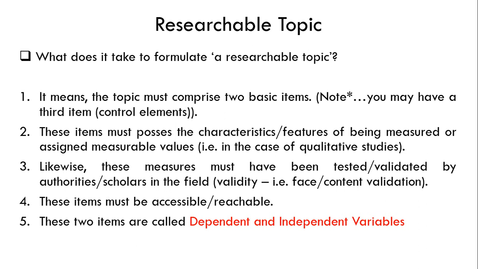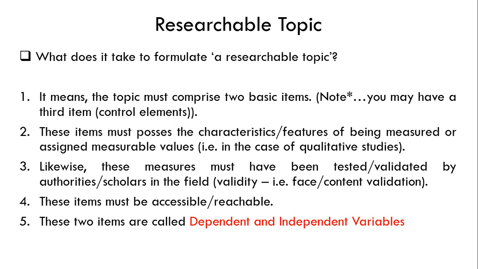Then number 4 is that it is not enough that the items of the topic are tested or validated. They must be accessible and reachable. You must be able to have hands-on access to those items that constitute the dependent and independent variable.